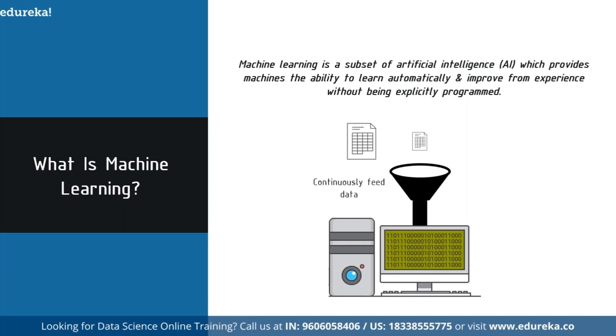Actually, artificial intelligence is nothing but imparting intelligence like human beings to machines. So if you think about human beings, we can understand language, we can be creative in terms of drawing, etc. We can learn from our history and so on. So when we try to impart these kinds of skills to machines, then that is called artificial intelligence.